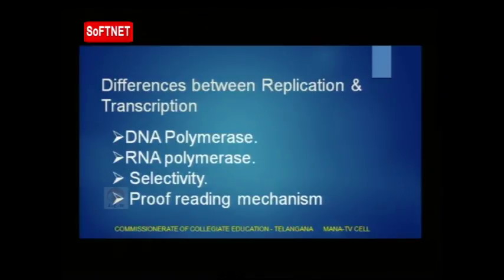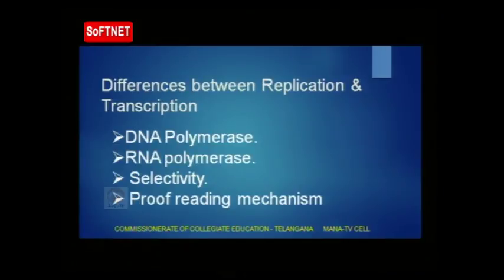If the cell requires a high amount of some particular protein, then that particular region will undergo transcription many more times. So this selectivity is another difference. During replication, the entire genome undergoes replication so that the intact genetic information can be passed on to the next generation, but during transcription, only selected regions of the gene undergo transcription.